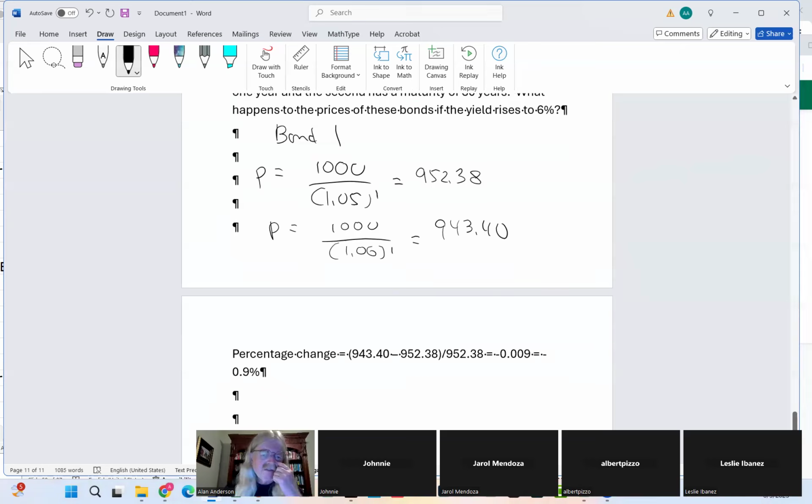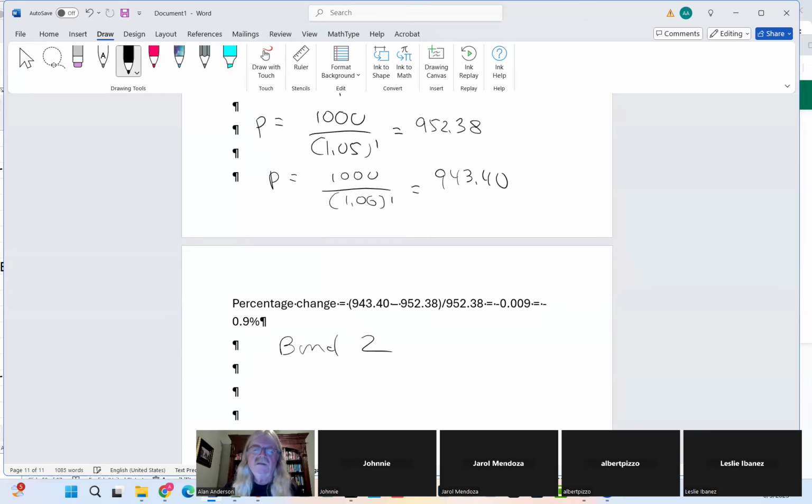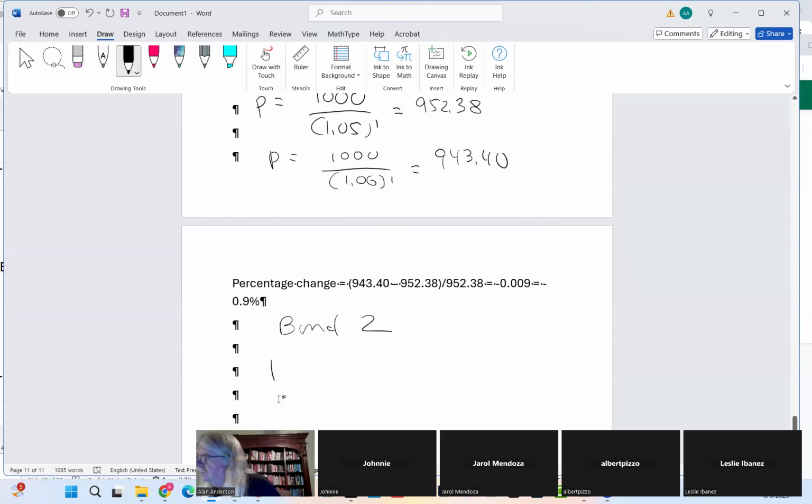Now let's do the same experiment for bond two. Initially, the price was 231.30.